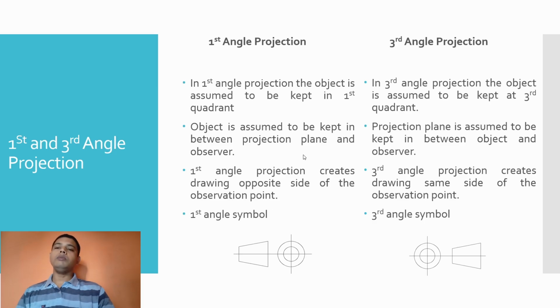Now these two symbols are quite important. In my second video, when I was showing standard sheet templates, I had only a little discussion about these symbols. This is quite an important symbol, as whenever you start a drawing or read a drawing, you have to check which method the drawing has followed.